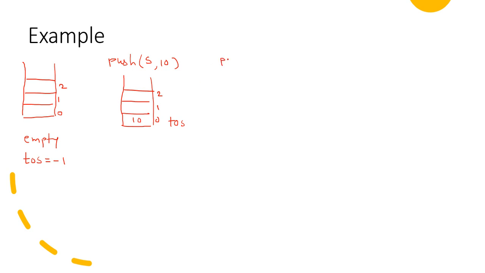Let us insert another element, push s comma 20. These are the three slots, 0, 1 and 2. There is 10, my top value is 0, now it becomes 1, and 20 gets pushed onto the stack.